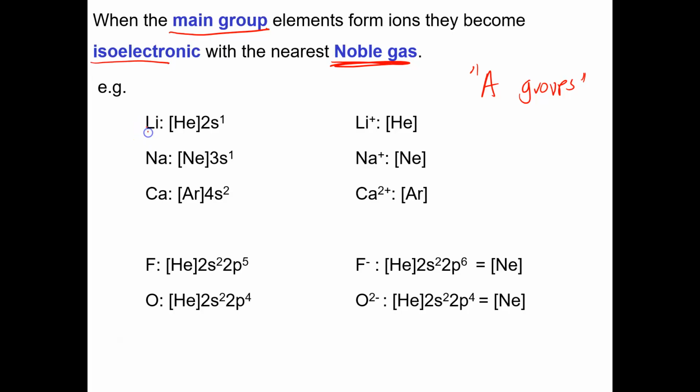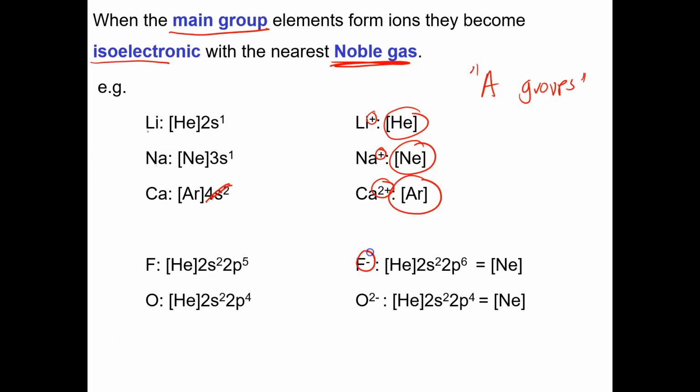Lithium loves to lose 1 electron, giving it the same electron configuration as helium. Sodium loves to lose 1 electron, giving it the same electron configuration as neon. Calcium likes to lose 2 electrons, giving it the same electron configuration as argon.